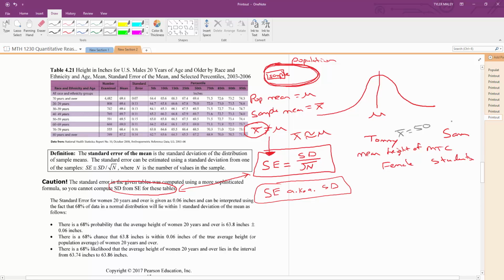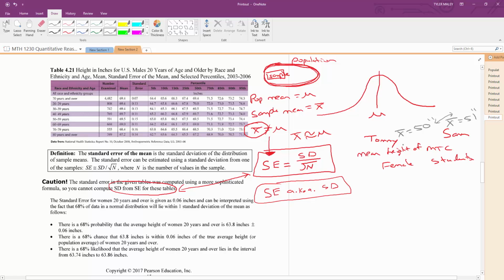And Sam does the same study but gets a different sample and maybe gets a mean of 51 inches. Notice these are not the same. We can expect these to vary.